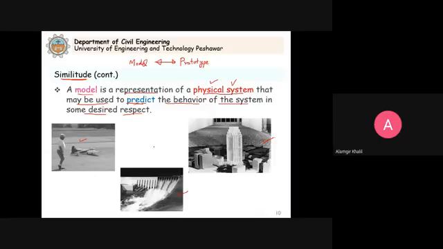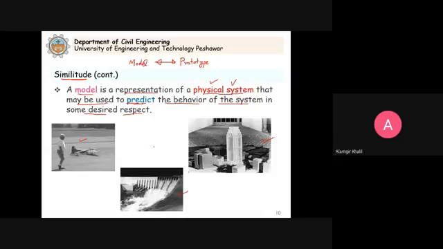But this is not always the case that the model will be smaller than the prototype. In some cases, it is also possible that the model can be larger than the prototype. For example, let me take an example, we might study the flow in a carburetor. You studied the mechanical technology course, where you might have studied an introduction to internal combustion engines.